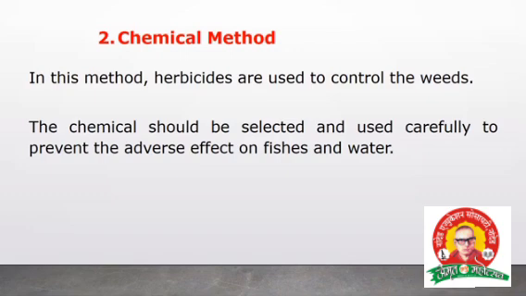In this method, herbicide is used to control the weeds, but it should not be strong. The chemical should be selected and used carefully to prevent an adverse effect on fish and water. If the chemical is harsh, it is more harmful to the fishes. That's why mild herbicides are used to control the weeds.